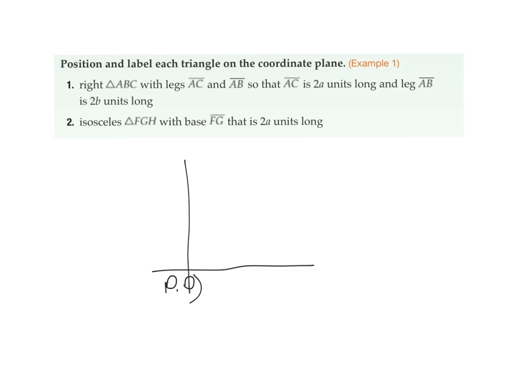Working on that definition, you know that the origin must be A, because you use A in both AC and AB. You know that AC is 2A long and AB is 2B long, so you know you're going to have a right triangle, and it really doesn't matter which way you do it, but I'm going to do ABC this way. AB is 2B units long.